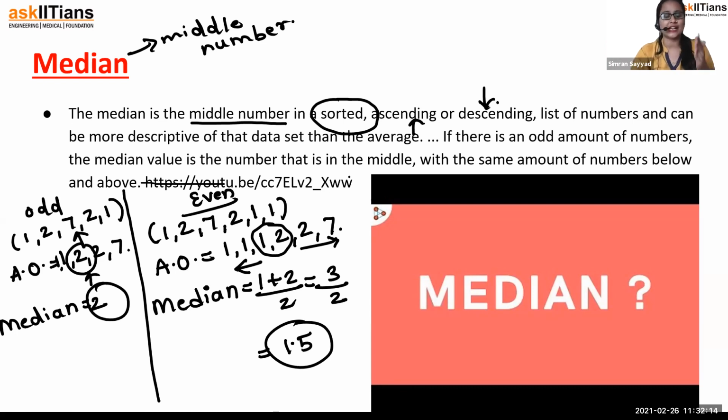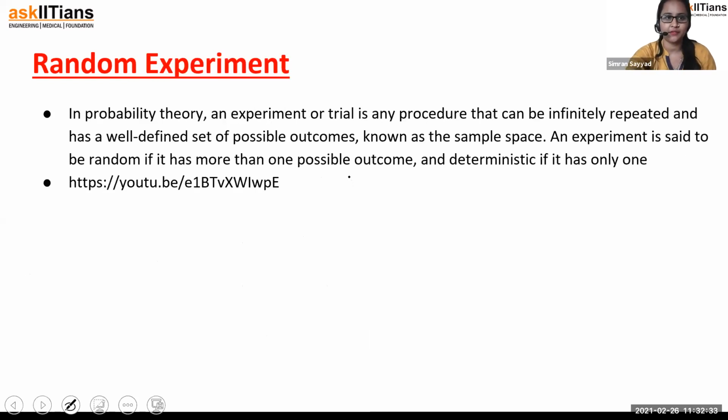After that, you have to see whether the data is odd or even number of data. If there are an odd number of terms, then simply you have to get the middle number. But if it is an even number set, then you have to get the middle two numbers, and then get their average. Okay, perfect.